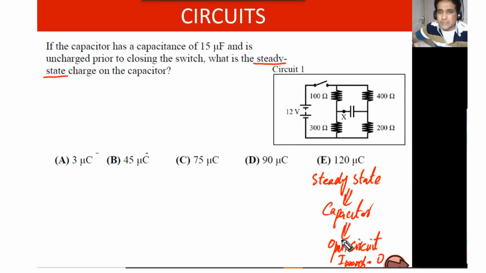So what this one is telling me, if I close this switch, it means current is coming from here. It will split at this point into two parts. Current goes this way and current goes this way.